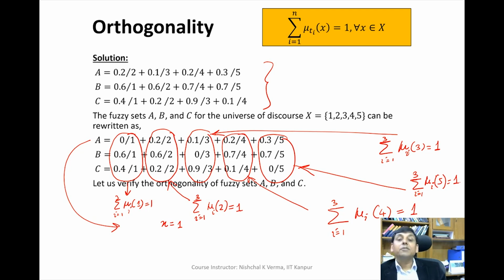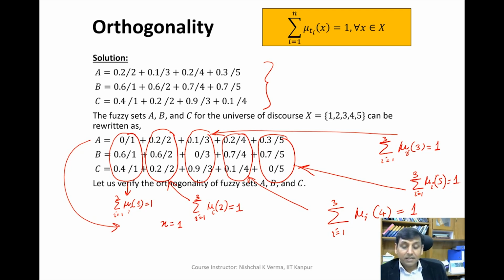So we see that for all the generic variable values in the universe of discourse, the summation of all the membership values in the corresponding fuzzy sets in the term set is equal to 1.